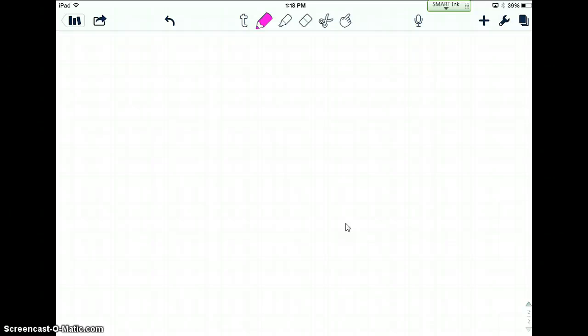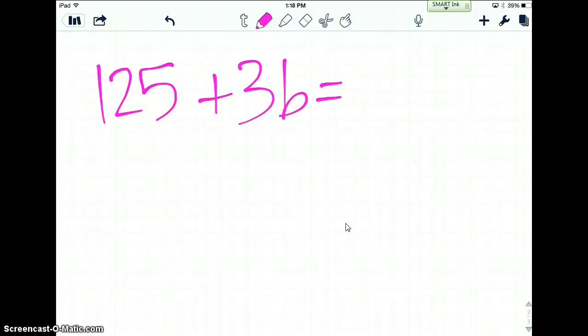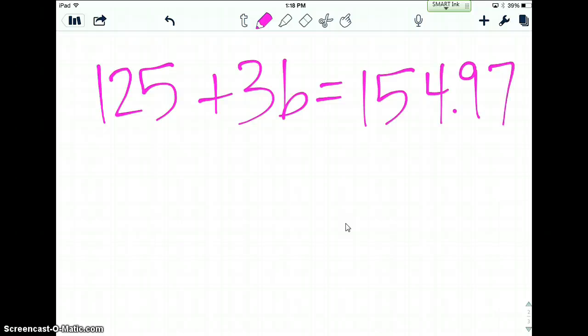Let's just try one equation where there's more than one step. Something like this. Boom. So how I know this is a two-step problem is because I have addition happening and I have multiplication happening. So I'm going to have to get rid of both.